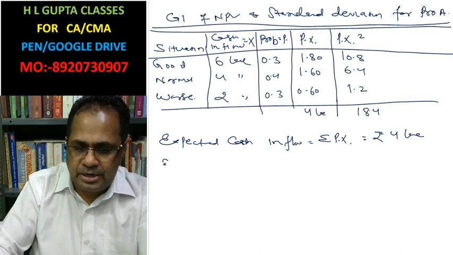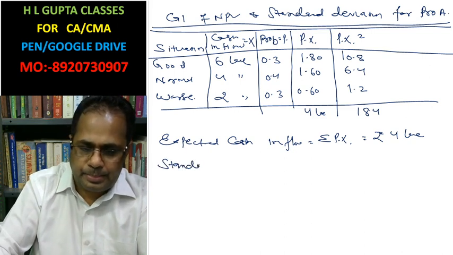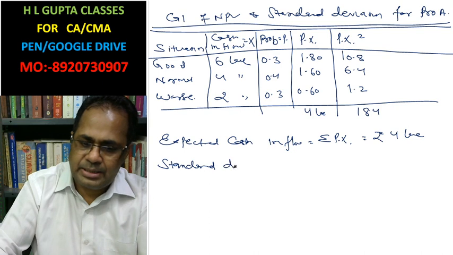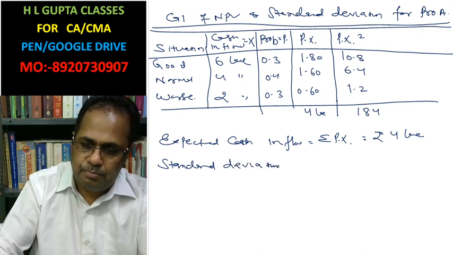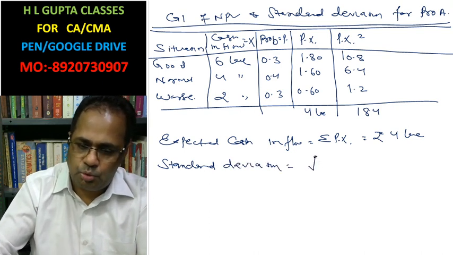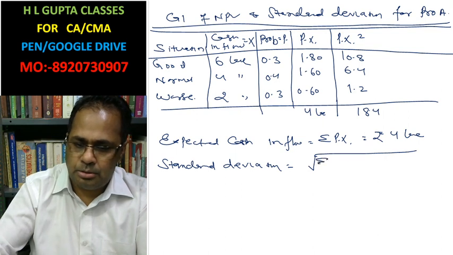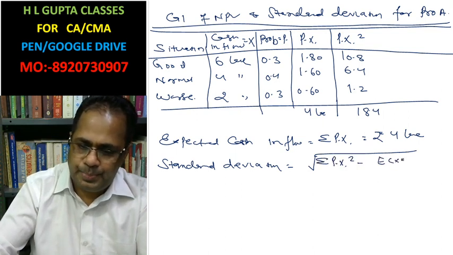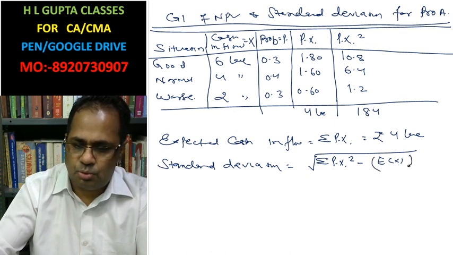The standard deviation formula is the root of summation P_iX_i squared minus expected X whole squared.